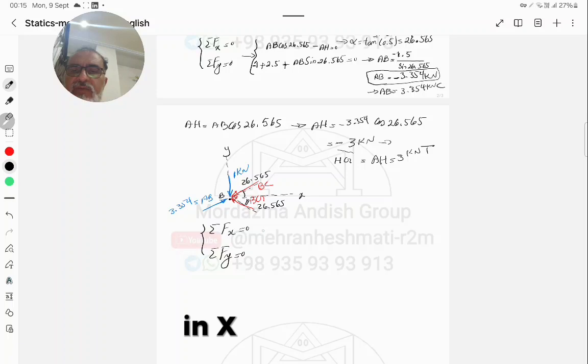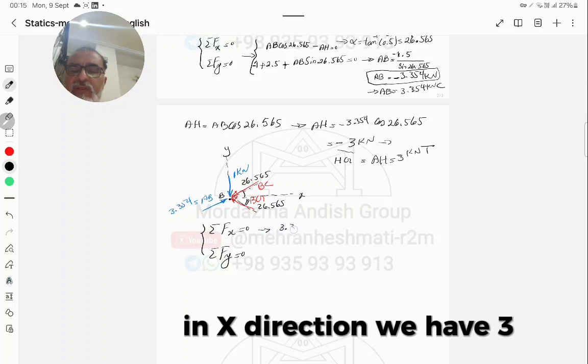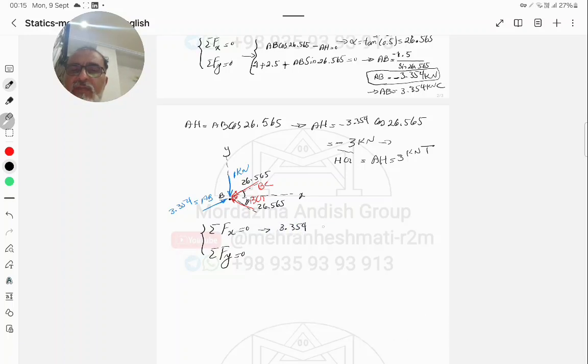In x direction we have 3.354 cosine of alpha, minus BG, and minus BC cosine of alpha is equal to 0.